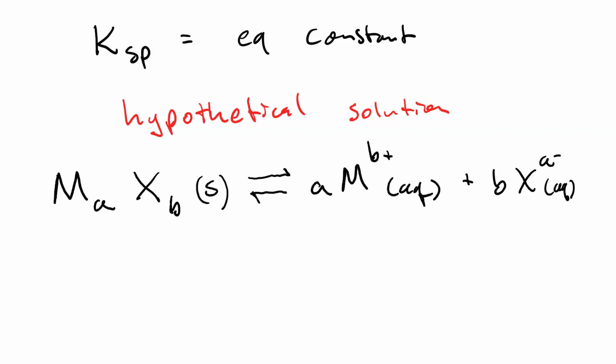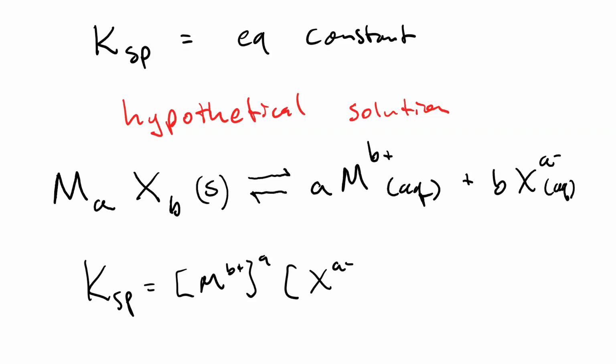Ksp is the equilibrium constant, right? So the general form of Ksp for the hypothetical solution is Ksp equals the concentration of cation raised to the a-th power times the concentration of anion raised to the b-th power.